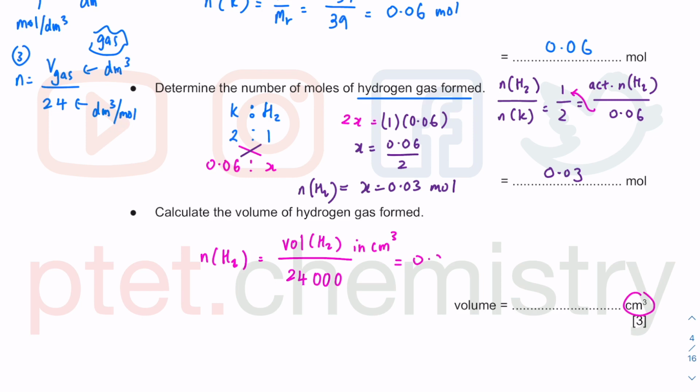And this is equal to 0.03 mole. So the volume of H2 is going to be 0.03 multiplied by 24,000. As I move the division by 24,000 to the other side, 0.03 times 24,000 gives me 720. Do not forget the unit, this is in cm cubed there. And that's it for the 3 marks question.